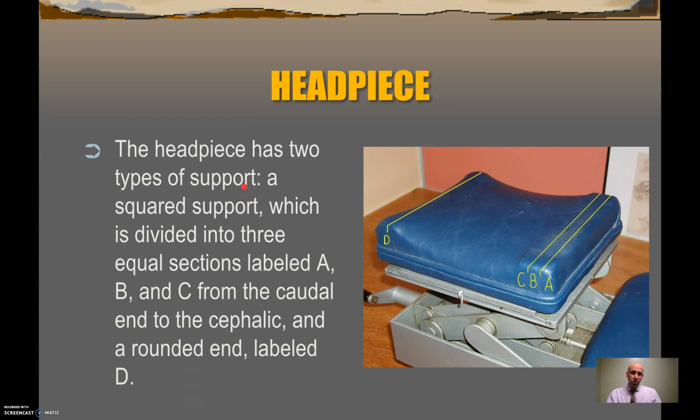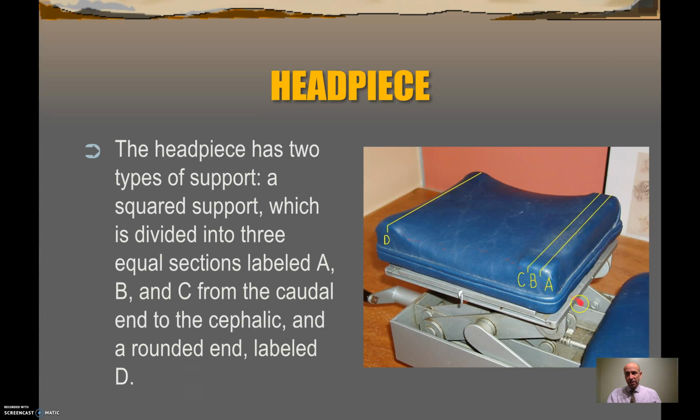So let's look at the headpiece. So originally the headpiece only had this square component, and then roughly in the, I would say, late 80s, early 90s, a rounded section was added.